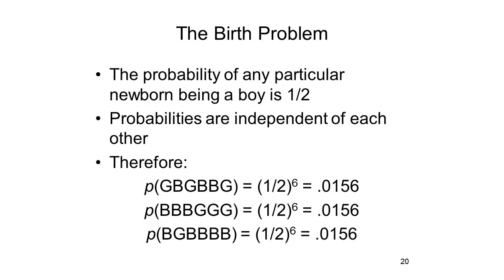Consider that the probability of any particular newborn being a boy is 1 out of 2, half and half, and that these probabilities are essentially independent of each other for our purposes. Therefore, the probability of a sequence like girl, boy, girl, boy, boy, girl is about 15 chances out of 1,000. The probability of 3 boys followed by 3 girls is again about 15, 16 chances out of 1,000.